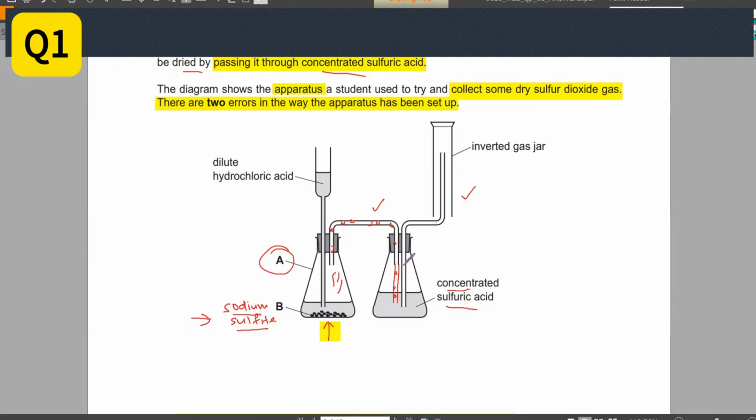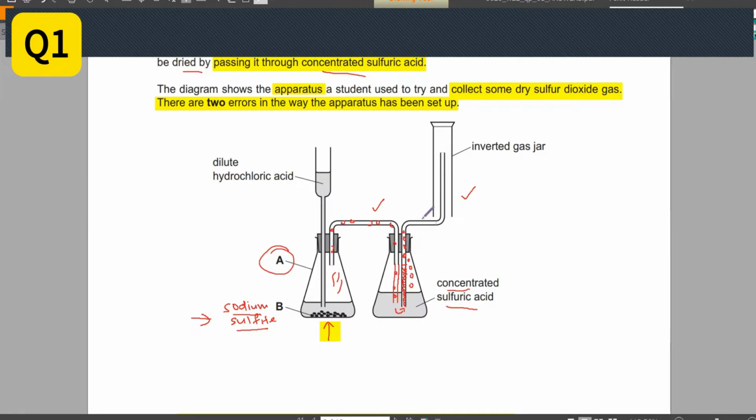And then this tube should not go into the acid. We need to make sure the gas passes through the acid and then comes out and goes into the tube. If the tube is inside the acid, it is not effective to collect the gas.